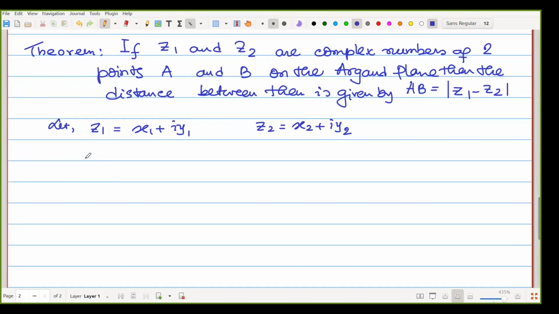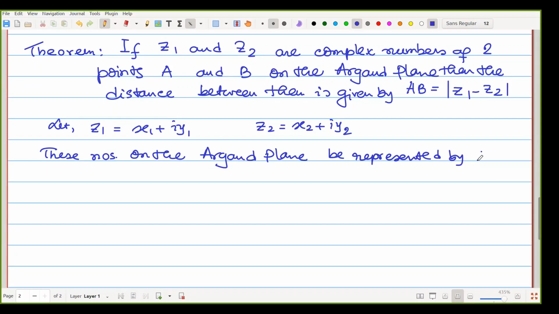Then these numbers on the Argand plane or diagram are represented by A, that is our Z1, and B, that is our Z2.